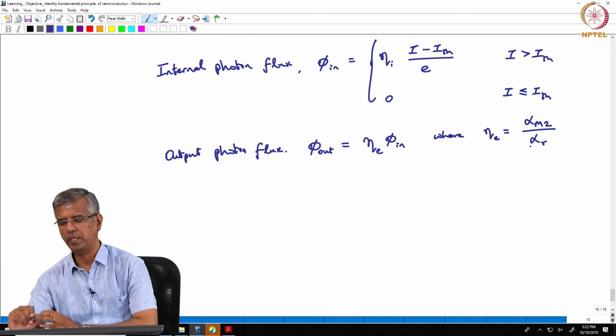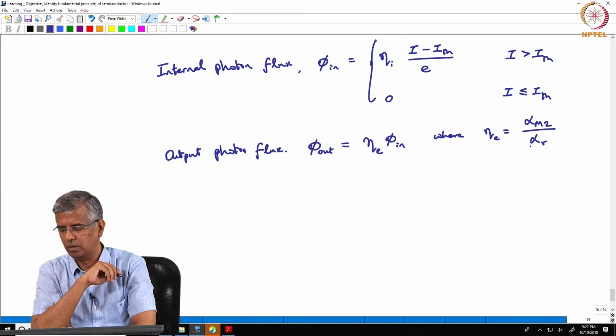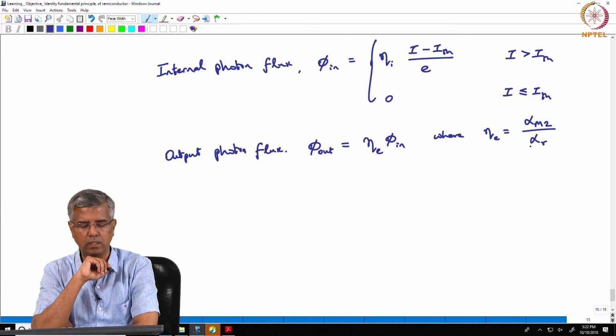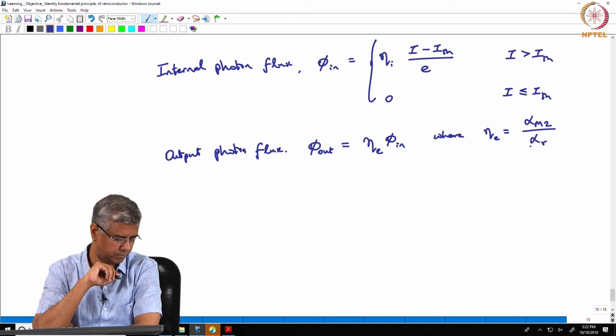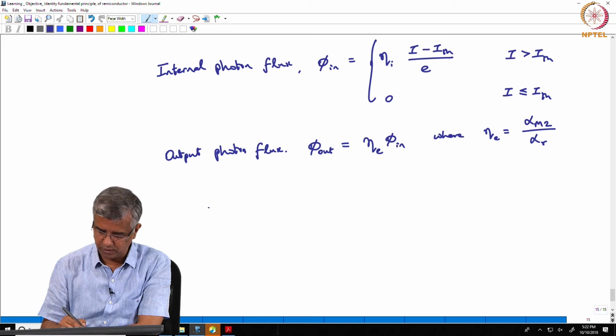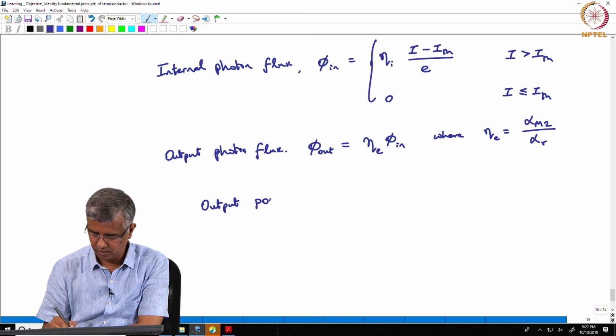So, that will be the fraction of power that you are extracting from the cavity.